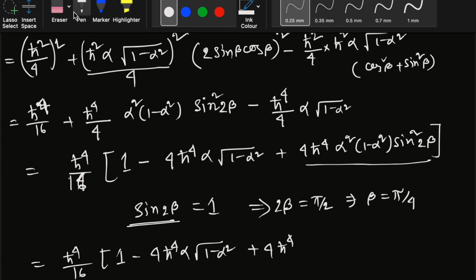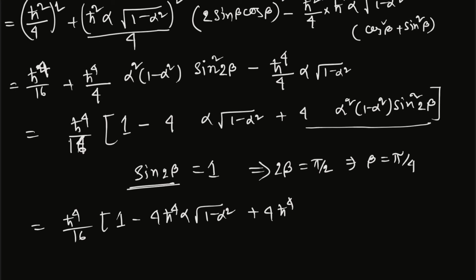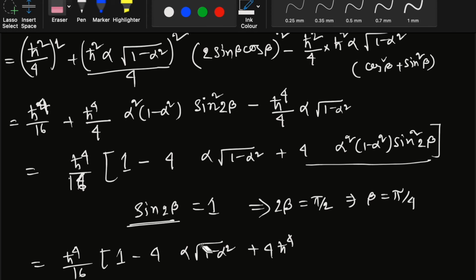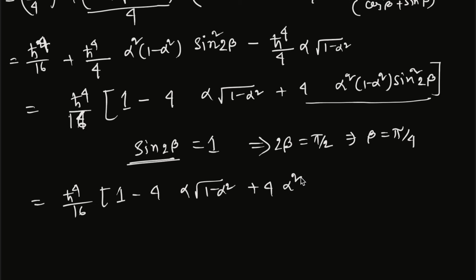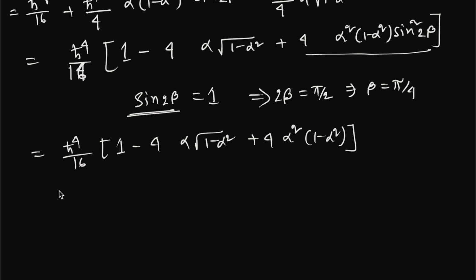There will be no h to the power 4 since we took it common. So that is nothing but h to the power 4 by 16 times 1 minus 2 alpha root over 1 minus alpha square, its square.